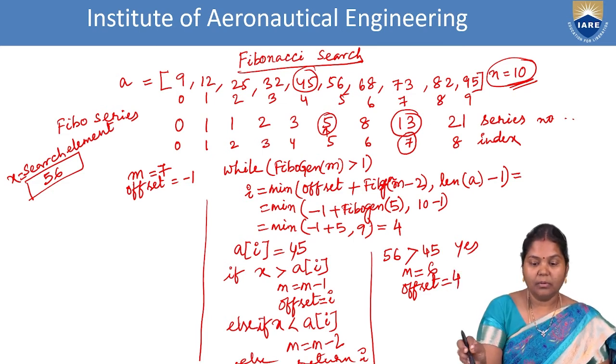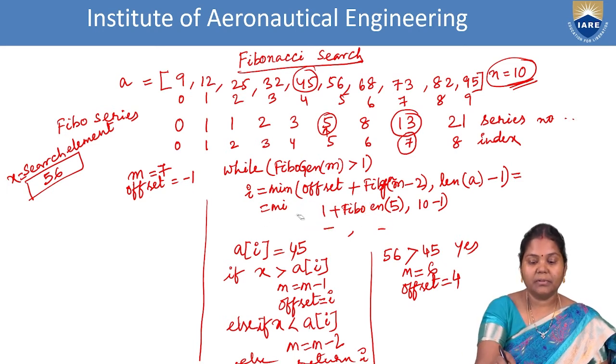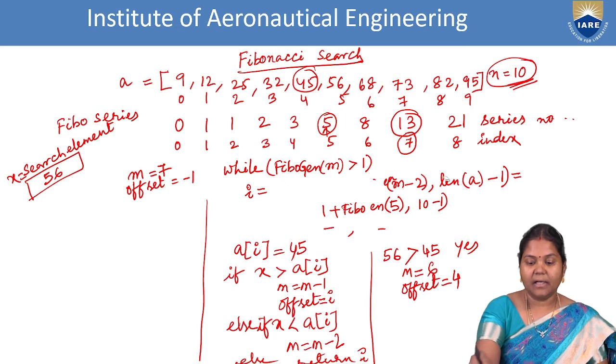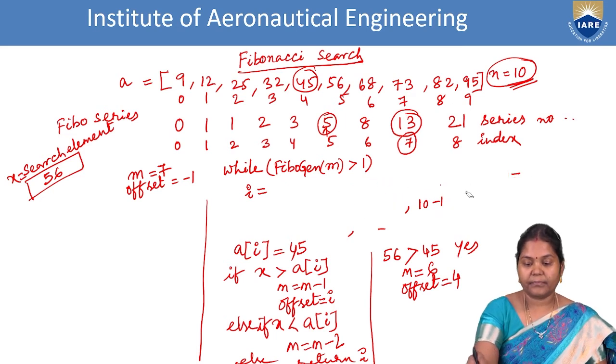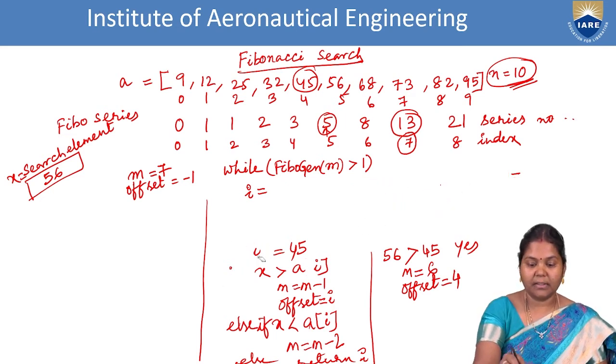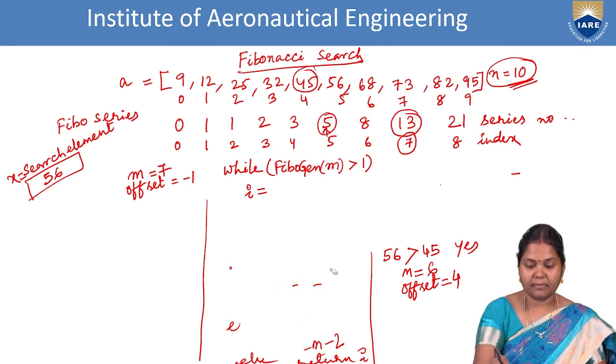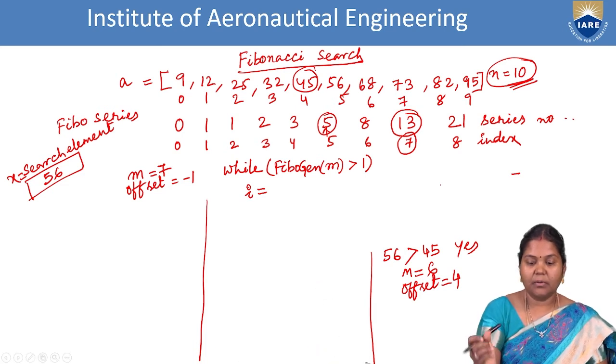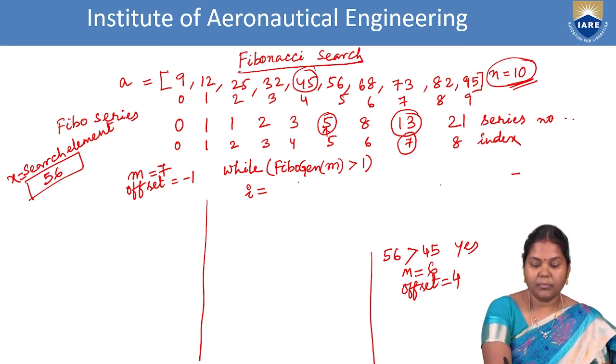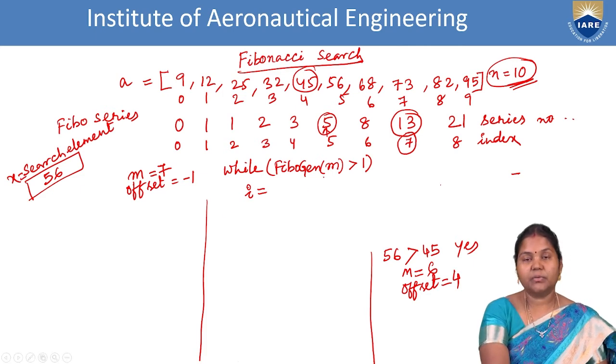Now, we will repeat this process. Again we will compute the new index until the element is found. Now, M is equal to 6 and offset is equal to 4.